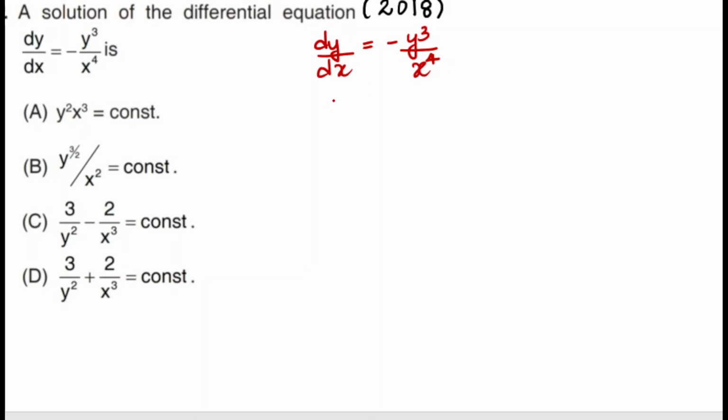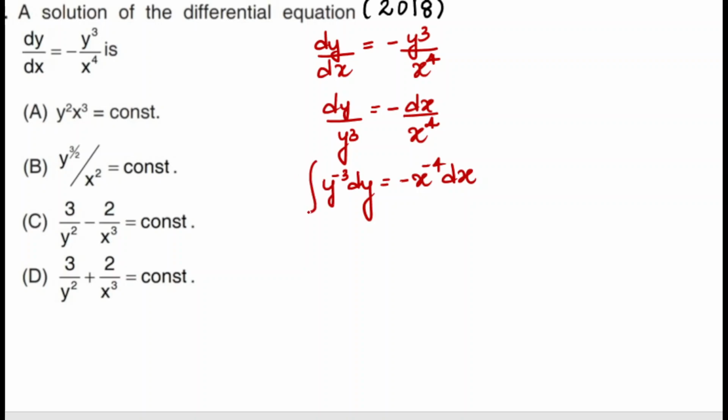Okay, on rearranging the terms, I got dy divided by y cube, which is equal to minus of dx divided by x to the power of 4. Now if I keep this to the numerator, it will be y to the power of minus 3 dy, which is equal to minus of x to the power of minus 4 into dx.